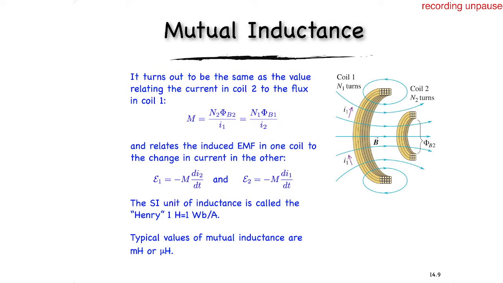That quantity has units of Henry, which is 1 Weber, a unit of flux, per amp of current. So it's a flux per current. And typical values for laboratory scale configurations are going to be millihenries or microhenries. So most realistic circuits that use mutual inductance are going to have relatively small values for their mutual inductance.